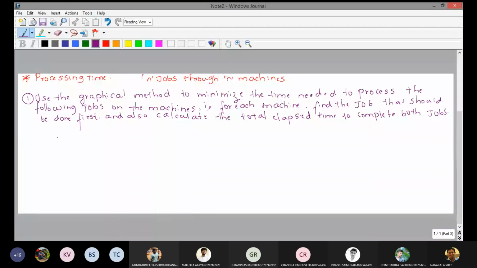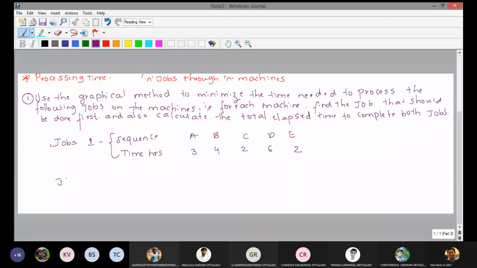Now the question is given: job one, the sequence and the time. They will give it in this table form. The sequences are A, B, C, D, and E, and the times are 3, 4, 2, 6, and 2.